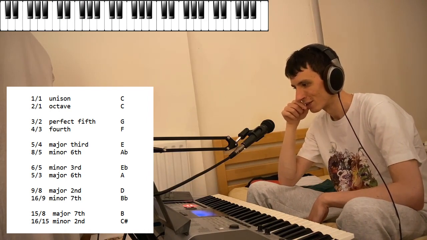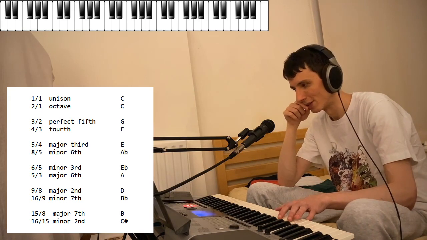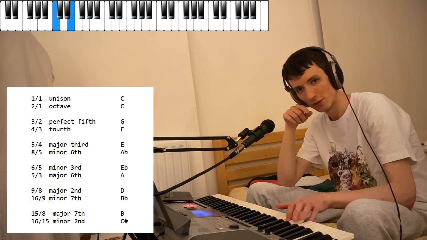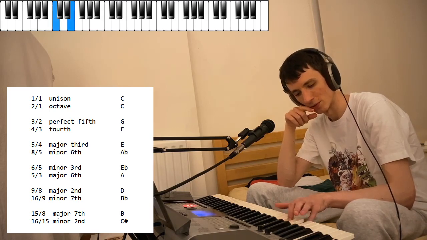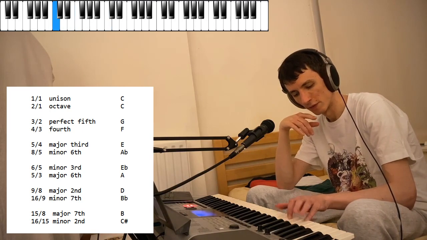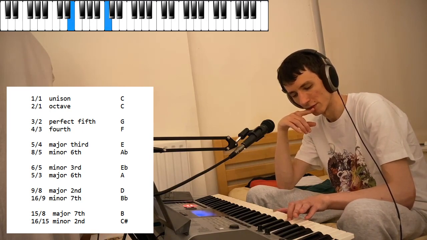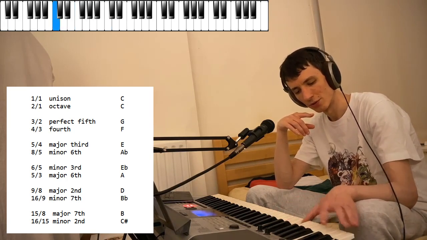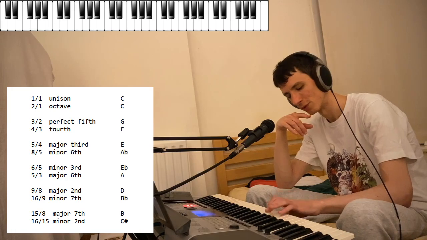We can invert over the octave the major third, for example. So this is 5/4, this is 8/5. So this is from, what is it, sorry, 1, 2, 3, 4, fourth harmonic.